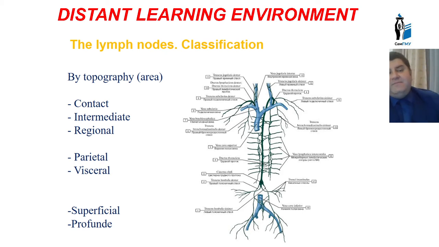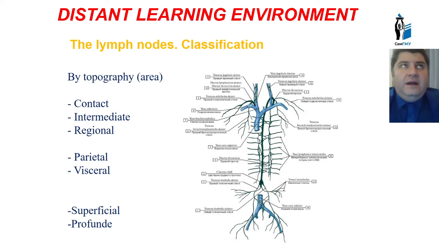So parietal nodes receive the lymph from walls and internal organs, but visceral lymphatic nodes receive lymph liquid from visceral organs, internal organs, and also maybe partially from walls.